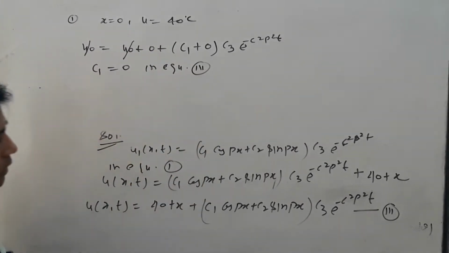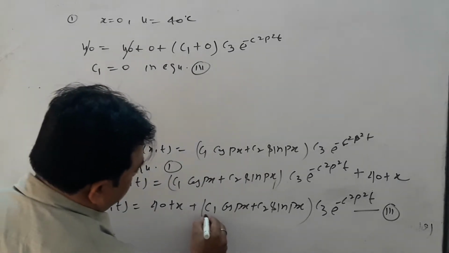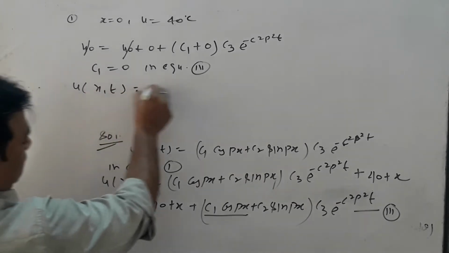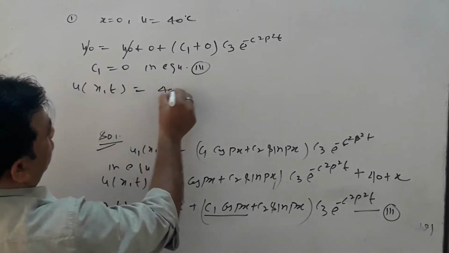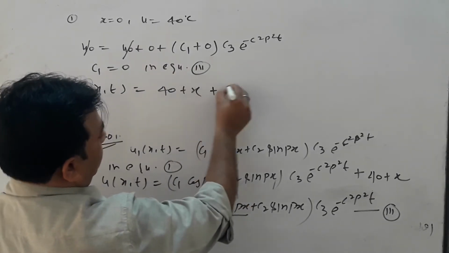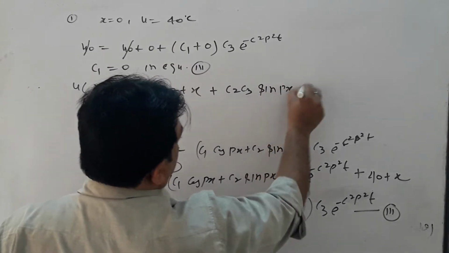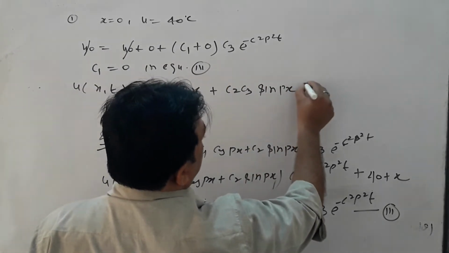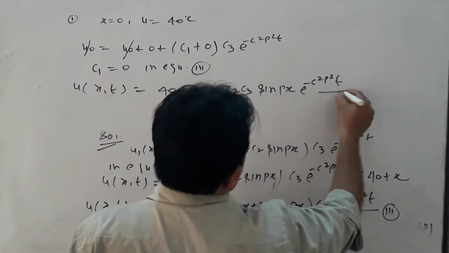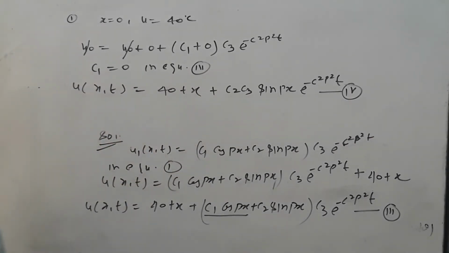Putting this value in equation number 3, c1 equal to 0, the equation becomes u(x, t) equal to 40 plus x plus c2 c3 sin px e to the power minus c square p square t. So this is the fourth equation.